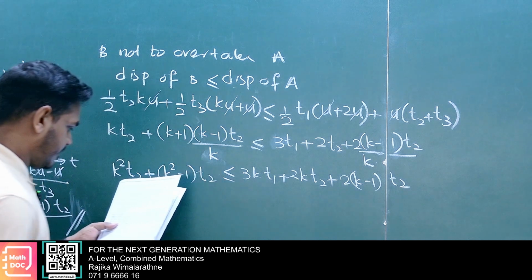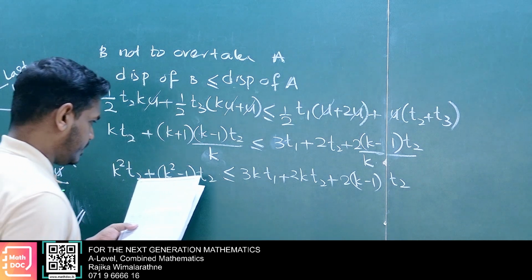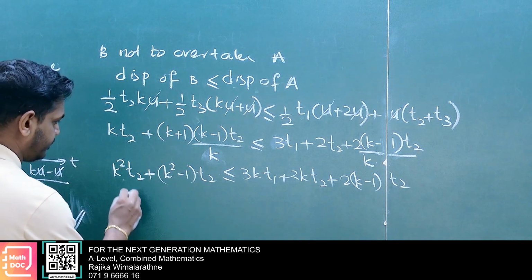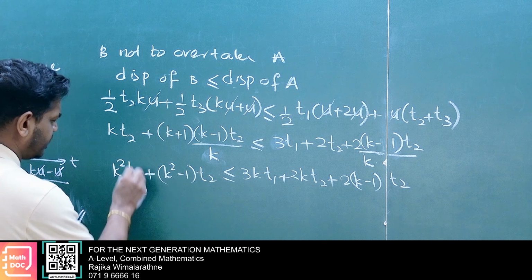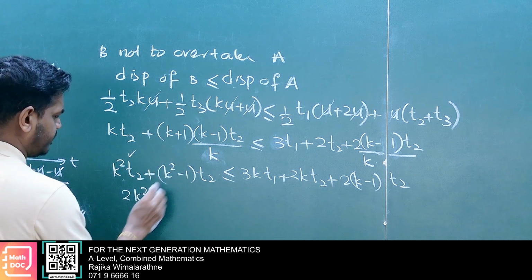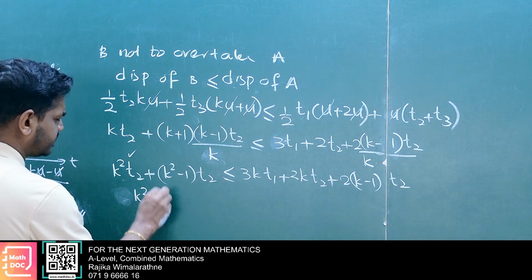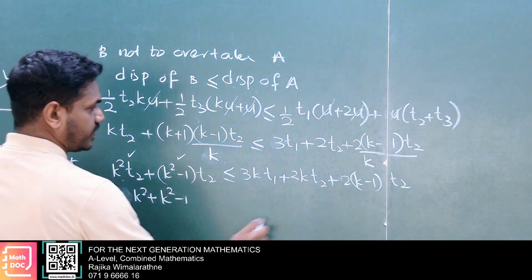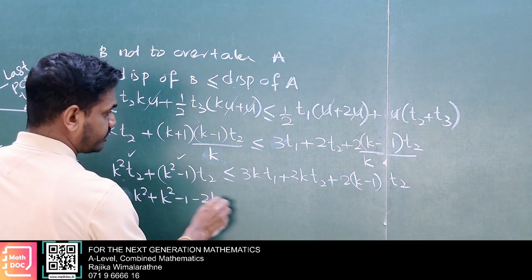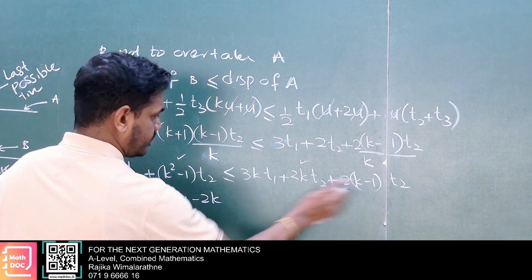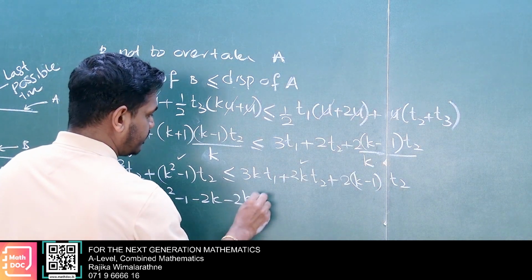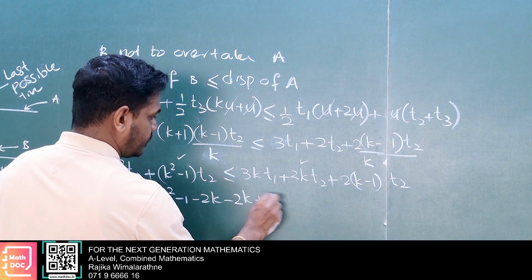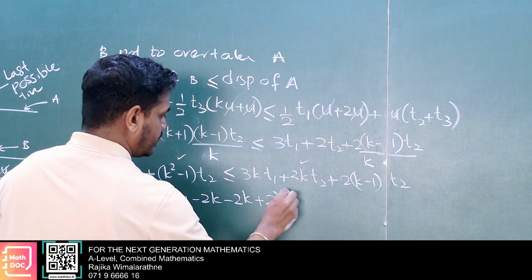Now get the T2 terms together: K square plus K square minus 1, minus 2K, minus 2K plus 2, T2.